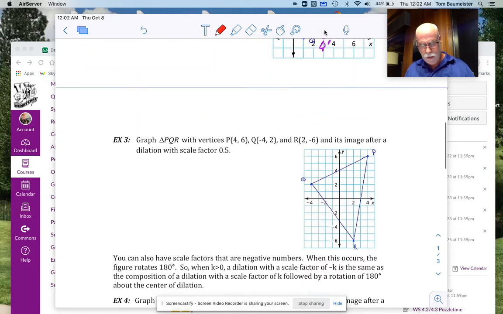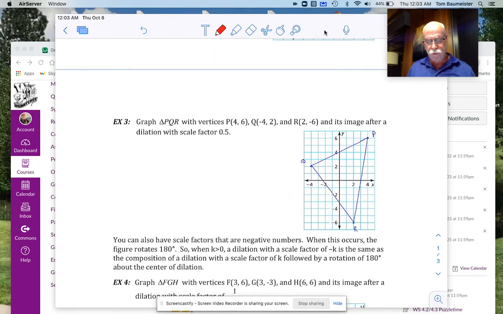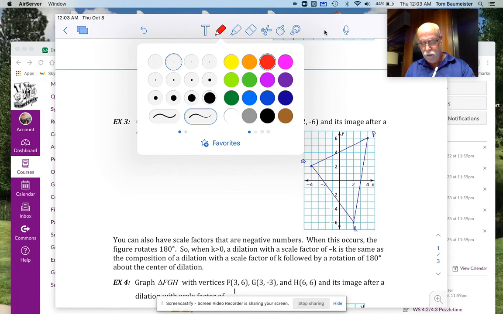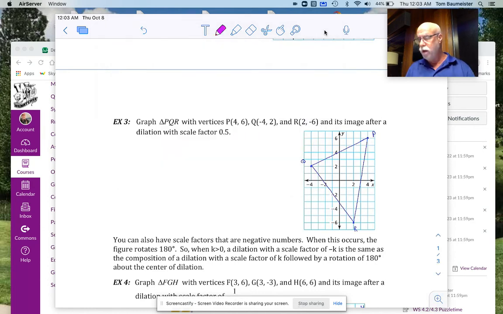Okay. All right. Example 3: graph triangle PQR with vertices P at (4, 6), Q at (-4, 2), and R at (2, -6) and its image after dilation with a scale factor of 0.5. So again, we're going to say the same thing here. So we can say that (x, y) will map onto (0.5x, 0.5y).